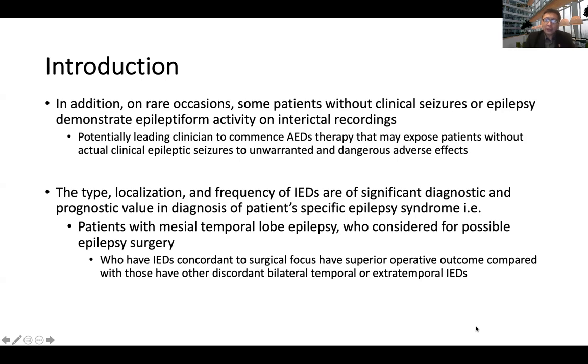The type, localization, and frequency of IED are of significant diagnostic and prognostic value in diagnosing patient-specific epilepsy syndromes. For example, patients with mesial temporal lobe epilepsy who are considered for possible epilepsy surgery and who have IED concordant with the surgical focus have superior operative outcomes compared with those who have discordant, bilateral temporal or extratemporal IED.